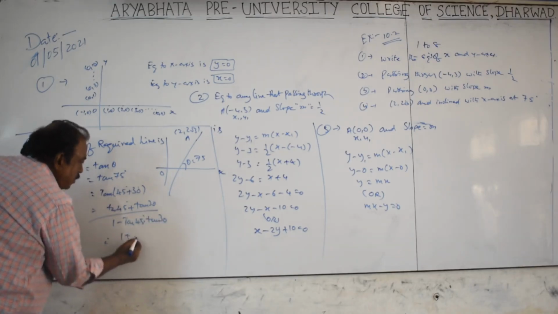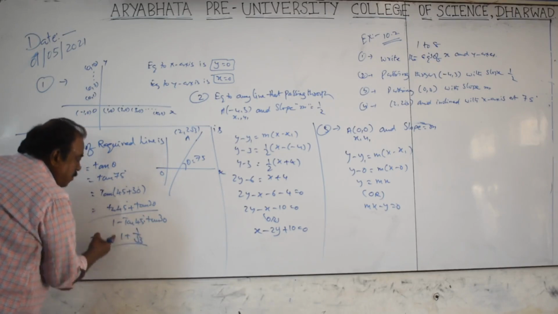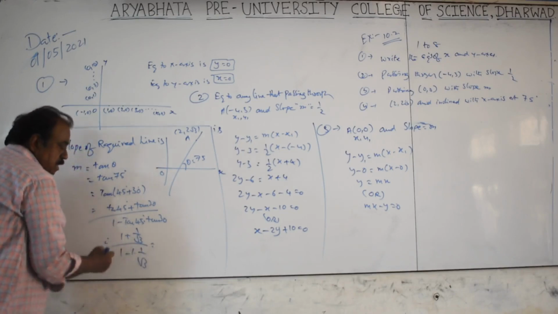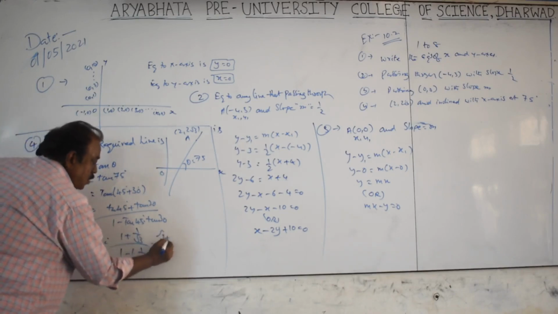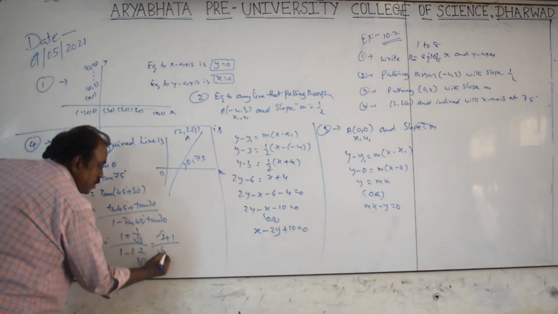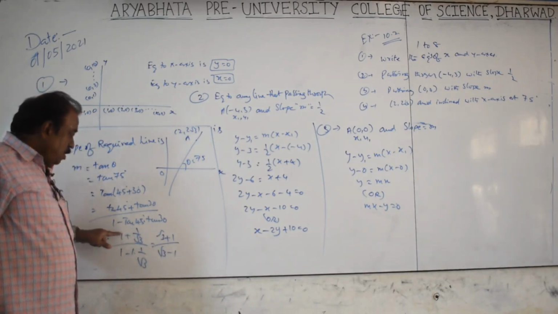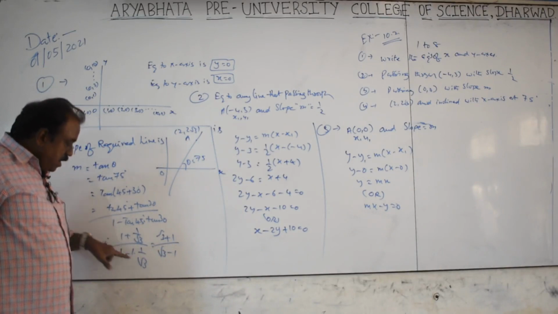It is 1 plus tan 30, whose value is 1 by root 3, since tan 45 is 1, over 1 minus 1 into 1 by root 3. Making LCM, (root 3 plus 1) by (root 3 minus 1). A simple simplification: (root 3 plus 1) by root 3 over (root 3 minus 1) by root 3. Root 3 cancels, and we get this.